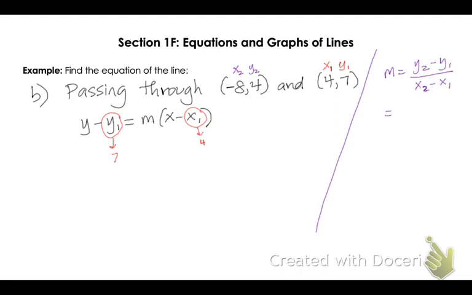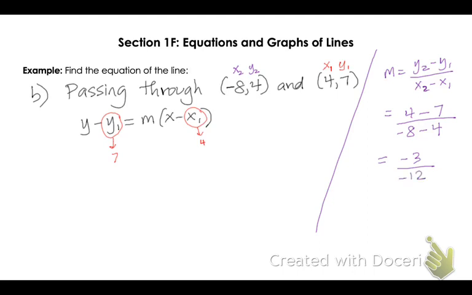Remember, it doesn't matter what order you subtract in, you're going to get the right answer either way. The way I have it labeled, y2 minus y1 over x2 minus x1. I keep doing this in the order where I get negative numbers all over the place. It's all right. So 4 minus 7 is negative 3. Negative 8 minus 4 is negative 12.